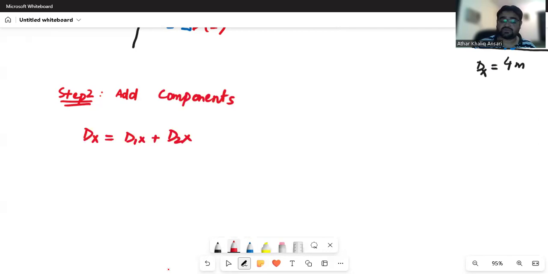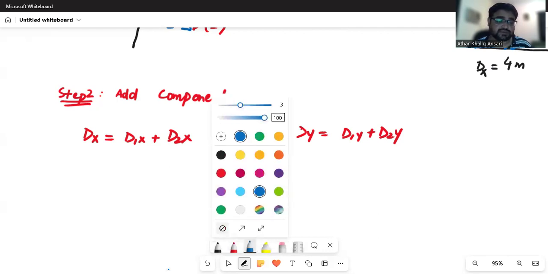So I need to add these vector components to find the result in the horizontal direction and in the vertical direction. The first scenario is I am going to go for dx. As you know, d1x was 0 and d2x was 23.5. So 23.5 plus 0 gives me dx, and dx is 23.5 meter.